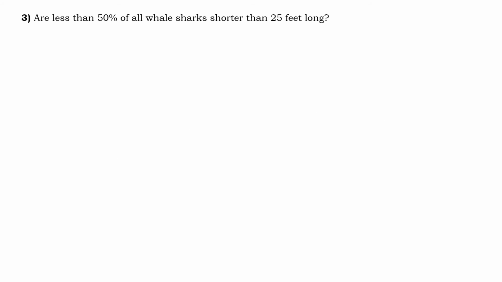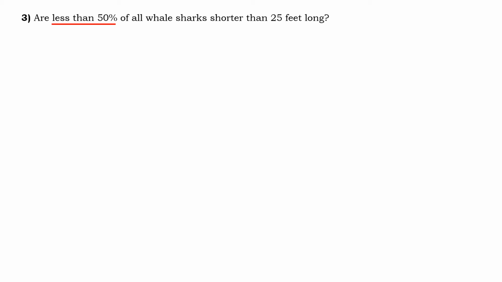So now we're going to look at our last ocean life example. Early on, we asked, are less than 50% of all whale sharks shorter than 25 feet long? So in determining alternative hypothesis, we want to know if less than 50%, so this is a question about the percentage of the population, or synonymously the proportion of the population that do something.